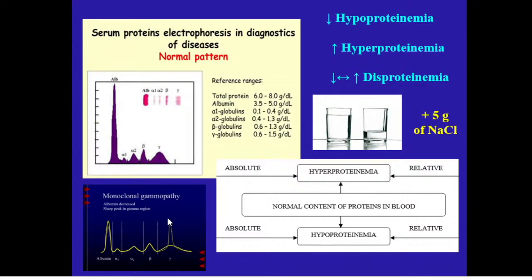Professor Petov, I hope, explained to you the difference between monoclonal and polyclonal immunoglobulins. Normally they are polyclonal, and due to this, there are no peaks here. In the case of monoclonal gammopathies, it's a dysproteinemia.